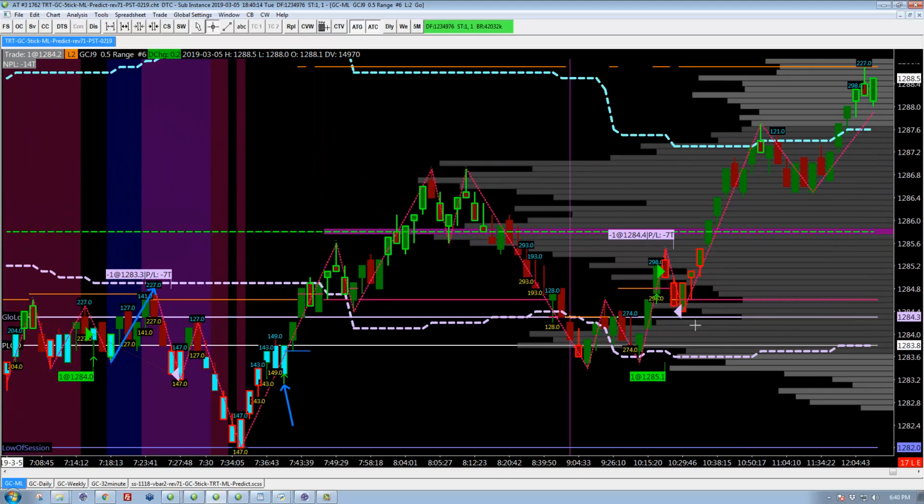And then this is the really painful one where I got long here and then got nicked right there to the tick. So it's the kind of thing that if you're watching it when it happens, it's just absolutely agonizing, like stick a screwdriver in your ear, painful.